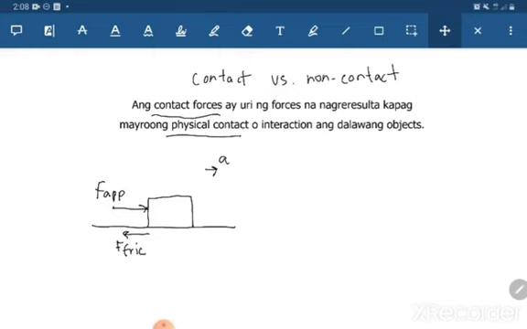Interaction between the box and again with the surface kung saan siya nakapatong, that's normal force. Okay? O, halimbawa, may tali ka and you chose to pull the box using the rope. Interaction between the rope and the box, that's tensional force.